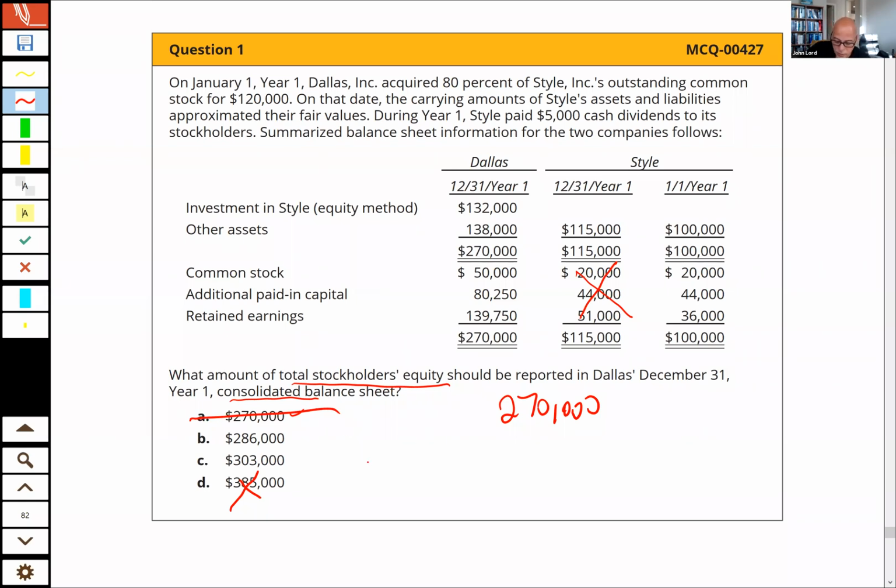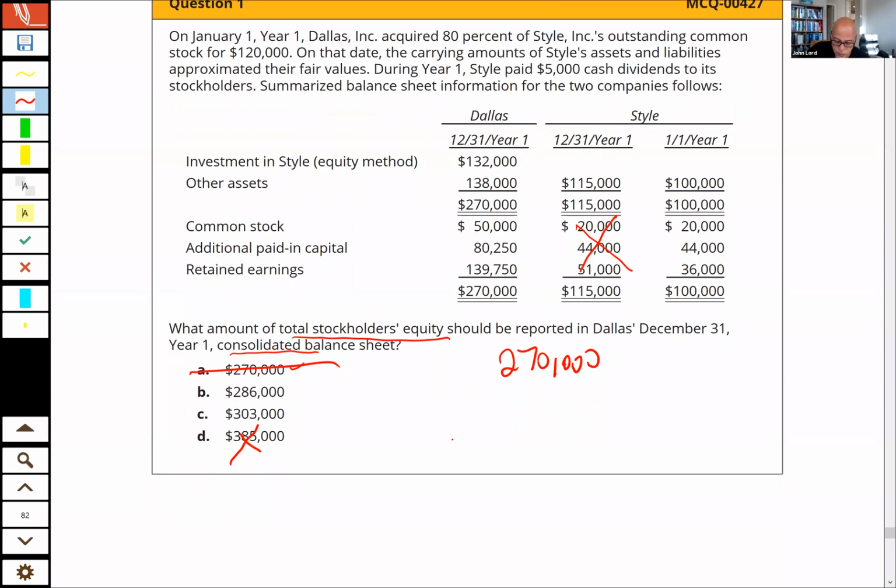Now, can I manipulate these numbers enough to figure out if it's B or C? So I'm going to analyze the non-controlling interest portion of the equity, and I cross this out, and now I have to eat crow and bring it back a little bit. Ending balance is 51,000. I know that.